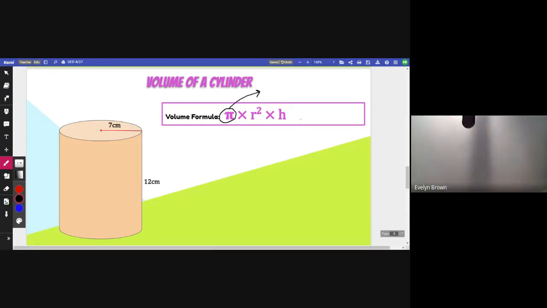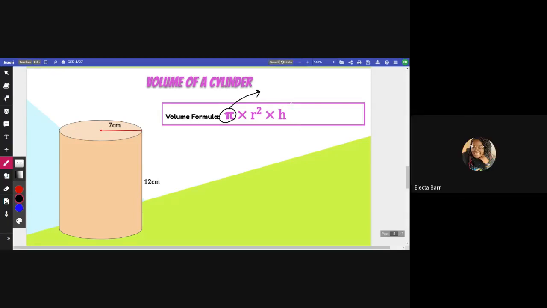In this case, the number that we're going to use for it, the condensed version, is 3.14. That is something you are going to want to remember forever. At least try to remember it.